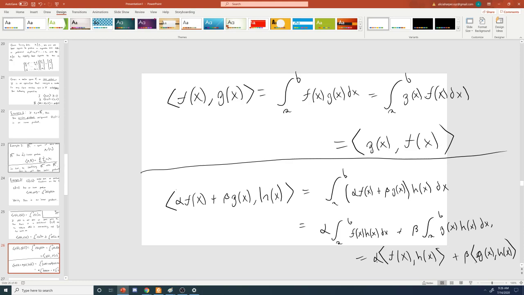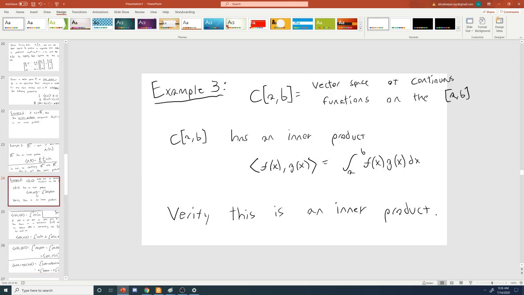And so this shows that this construction right here actually forms an inner product on the set of continuous functions.